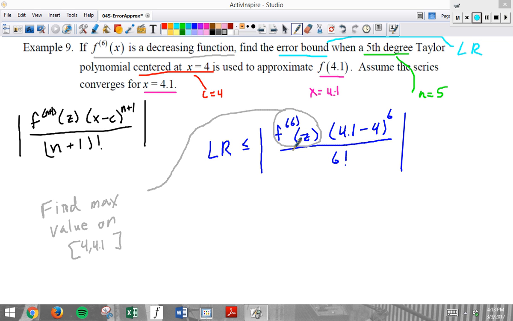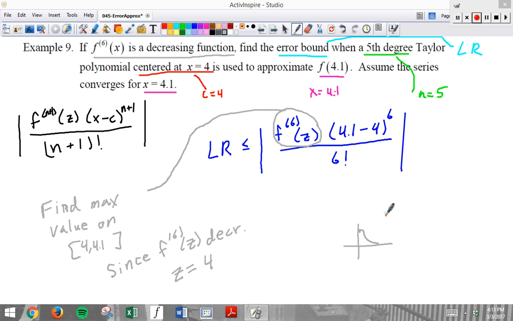So where will that be maximum? If this function is decreasing, its maximum value, since f to the 6 is decreasing, is at x equals 4. Right? We're talking about something that looks like this. That's going to be the maximum value.